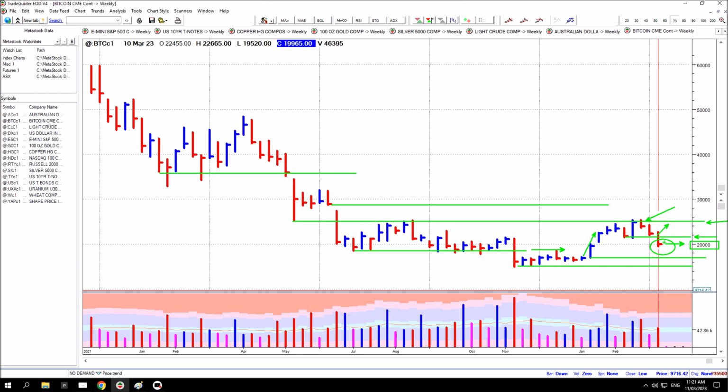So whether this market will end up being strong enough to reverse, or if the market will push down to the lows of this range, or even to the overall lows, we'll just have to wait and see as this volatility settles down in the next week or so.